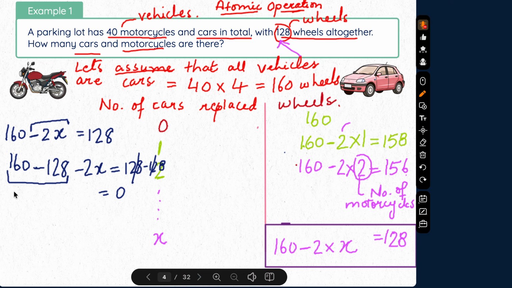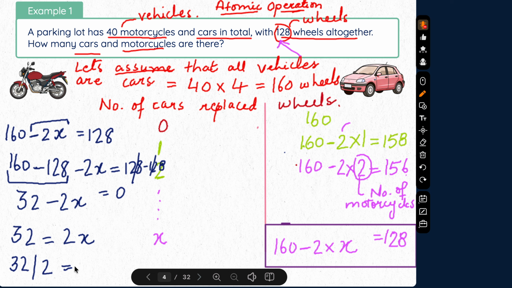I got 32. Perfect. Very good. Okay, 32 and minus 2x. I can take 2x to that side, so I'll get 2x is equal to 32, right? Now this is being multiplied here, so what I can do is divide on the other side, right? What do we get now?